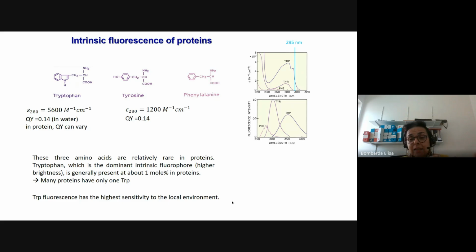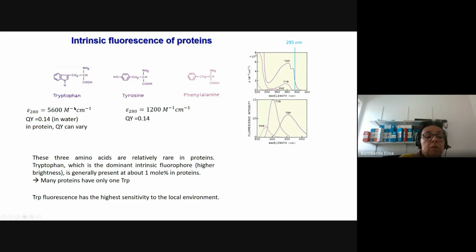We cited it along our talks already, but now just to remind the important aspects. Many proteins are already naturally labeled because of these three natural fluorescent amino acids, in particular tryptophan, whose fluorescence is the most sensitive to the local environment. And it also has a slightly better brightness.